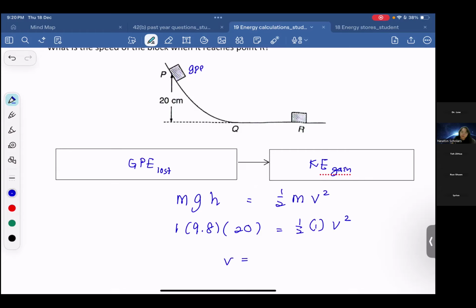Do you agree? There is something wrong in this substitution. Any of you can identify? Seems like everything is correct, but no. There is one part that is wrong. Any of you can tell me?